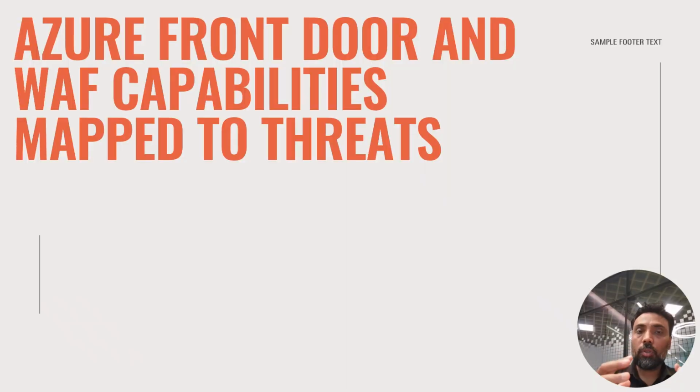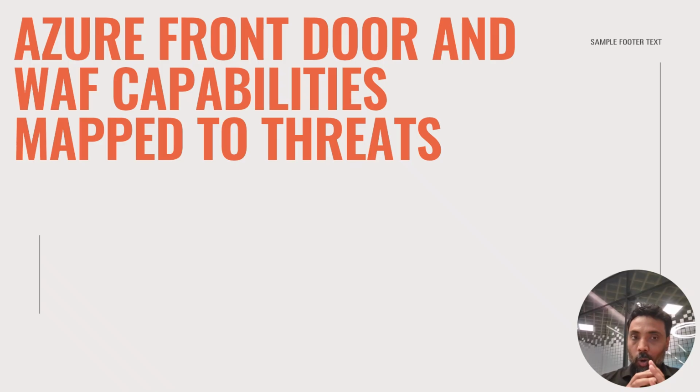So Azure Front Door integrates multiple protection capabilities: edge perimeter enforcement, TLS offload, built-in DDoS protection, and web application firewalls. These controls help address threats like brute force attacks, injection, bots, and abnormal traffic patterns.